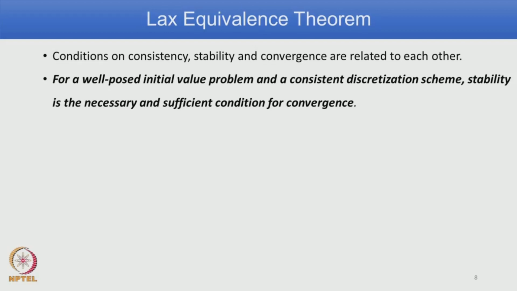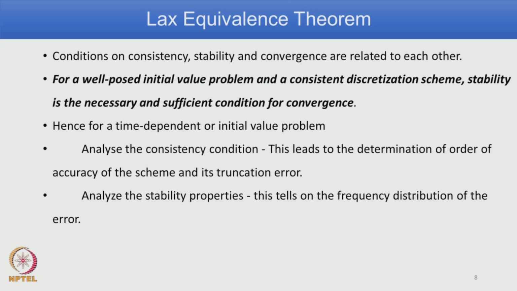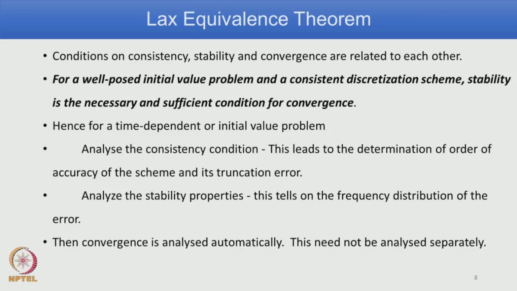To get some more explanation on this theorem: for a time dependent initial value problem, if you analyze the consistency and if you analyze the stability, then convergence need not be analyzed, it is satisfied automatically.